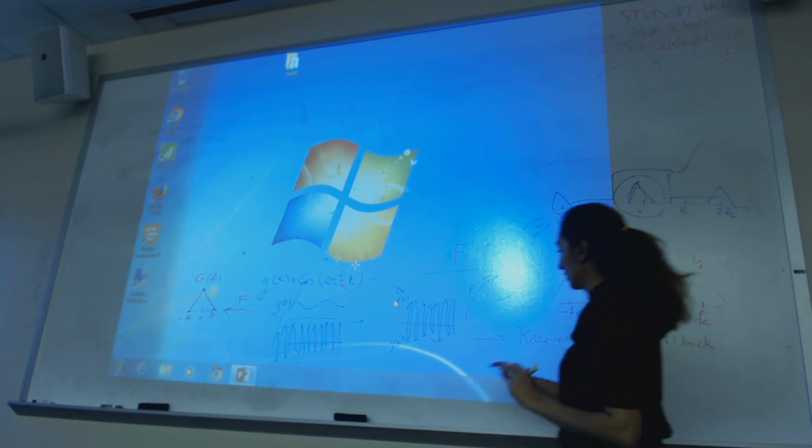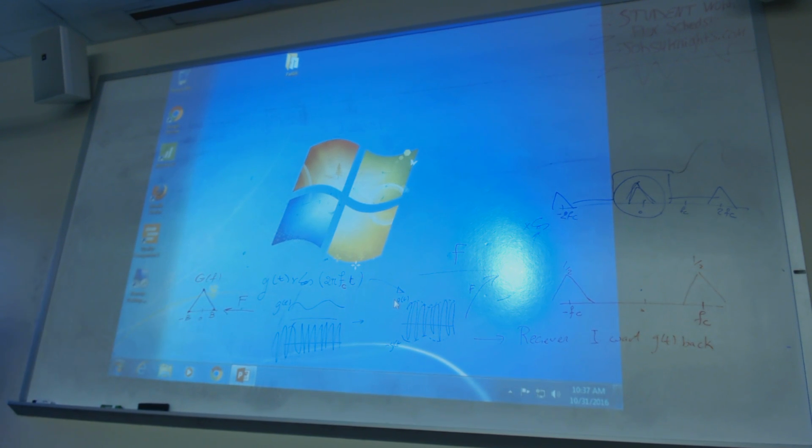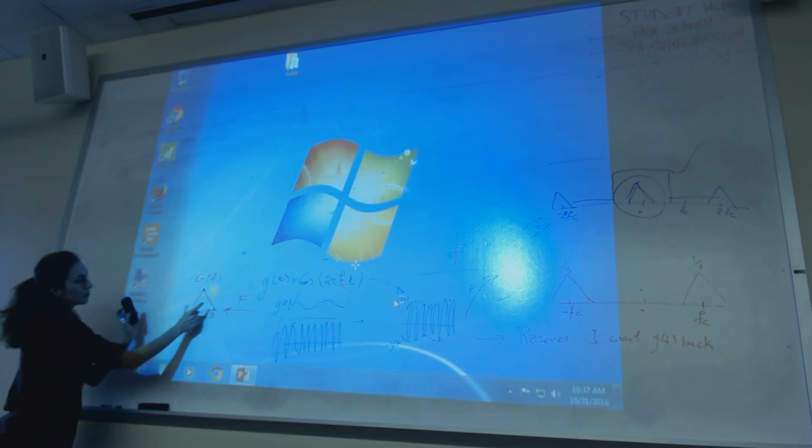Okay, so this is what we talked about the other time. Is it clear somehow? Just make sure that you remember, when you multiply a signal by cosine, you basically shift the spectrum.